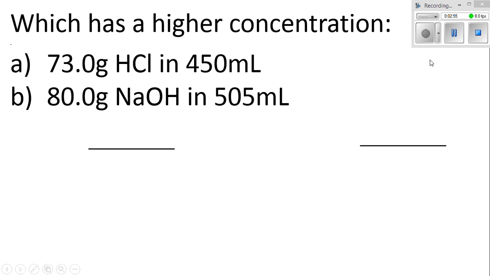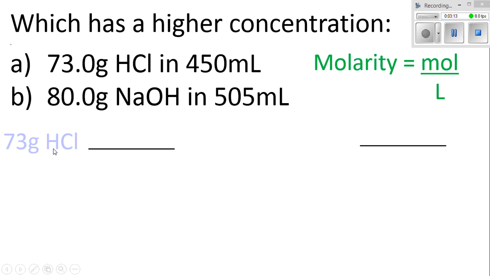Okay, so again, we have to remember the equation for molarity is the number of moles per liter. And we do this so that we can have the same base comparison for volume to make it fair. The first one, choice A, we have 73 grams of hydrochloric acid.